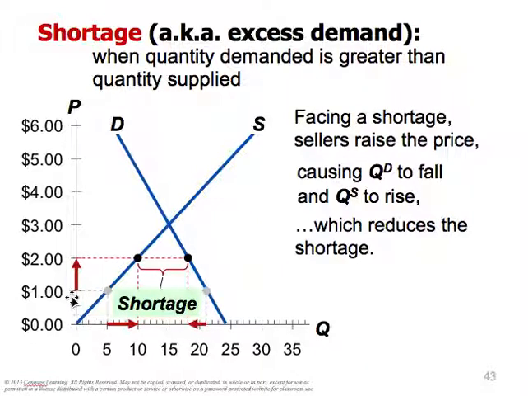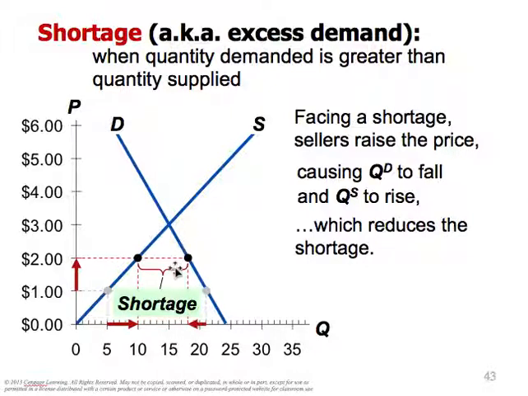When the price rises from $1 to $2, you can see that the quantity demanded falls from this point to this point. So quantity demanded falls, but because price is increasing, quantity supplied goes up according to the law of supply. The shortage reduces, but still we have not come to the equilibrium.